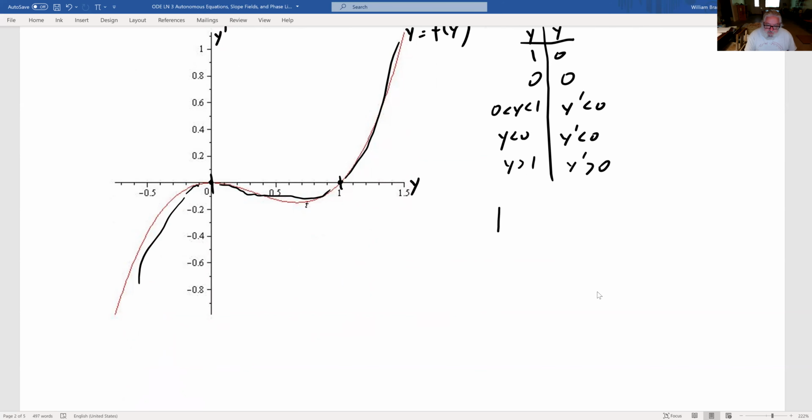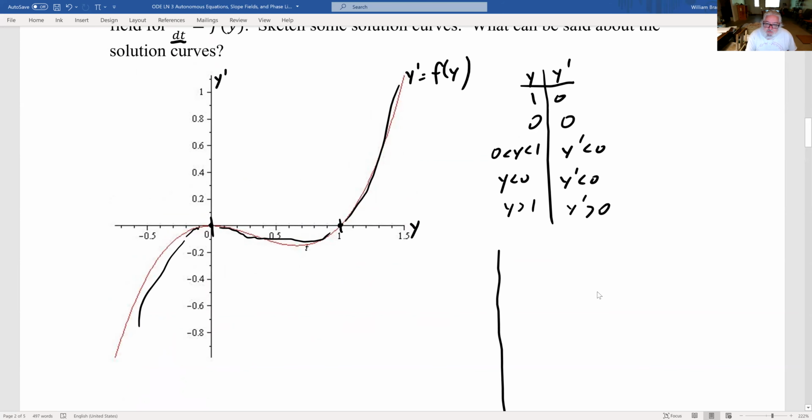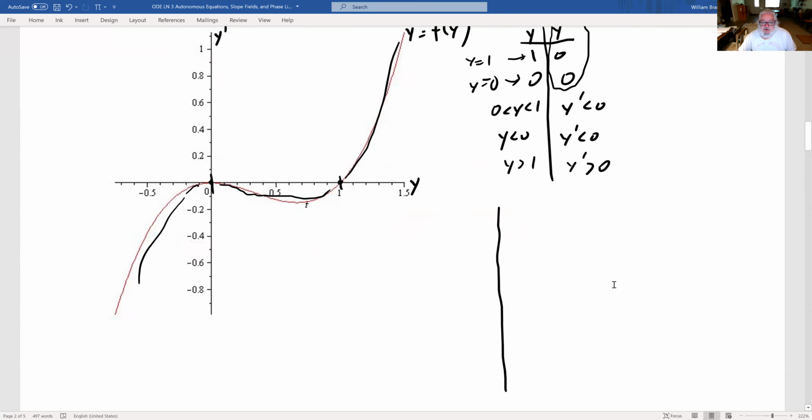What we saw in the previous example was that any place where y prime equals 0, that means this horizontal line, y equals 1, and this horizontal line, y equals 0, they're both going to be solution curves. Why is that?